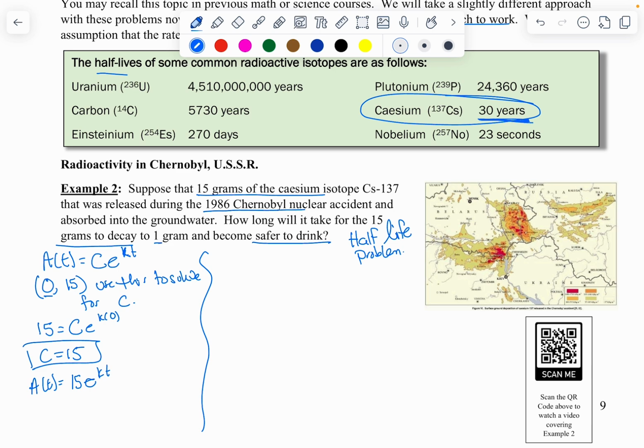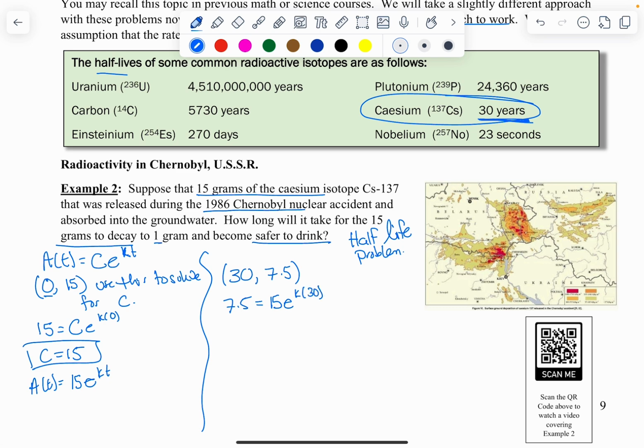So when t is 30 years, half of the material is going to be gone. So we're going to have 7.5 grams of cesium in the drinking water. Just like before, we got 7.5 is equal to 15 e to the k times 30. And we're going to solve this.